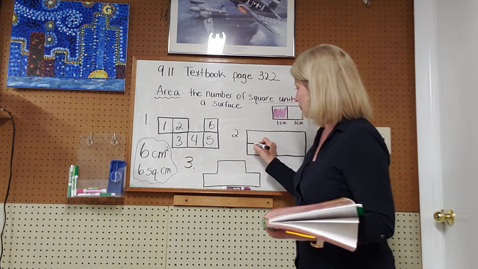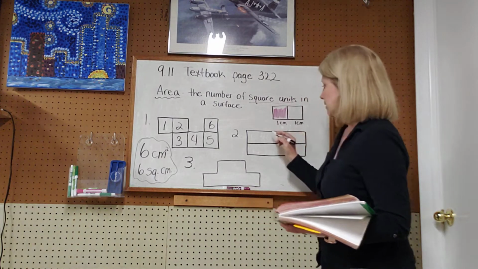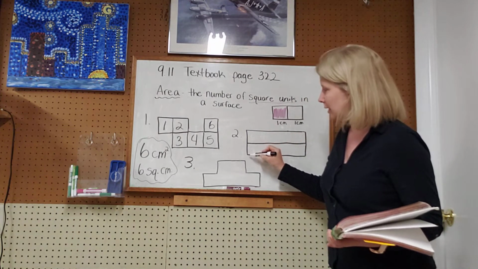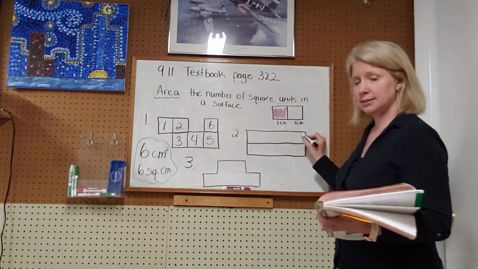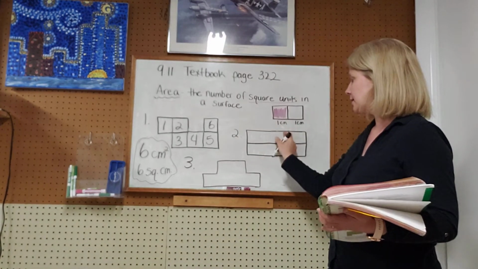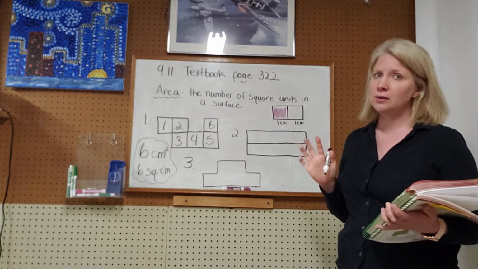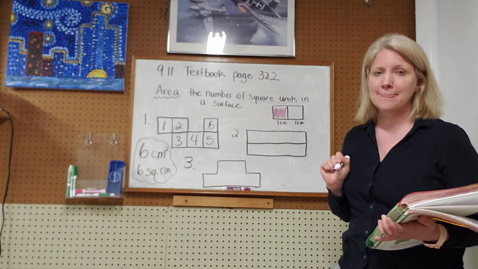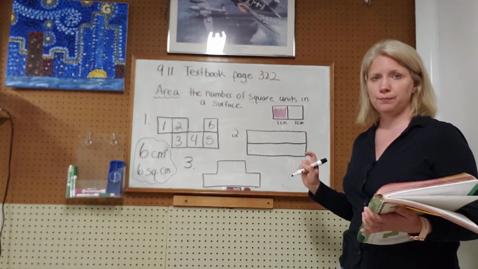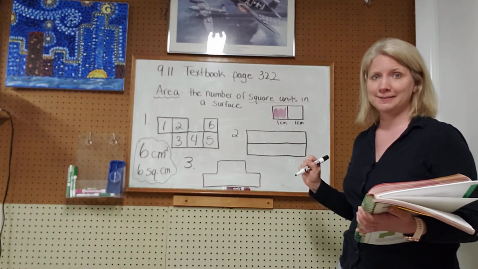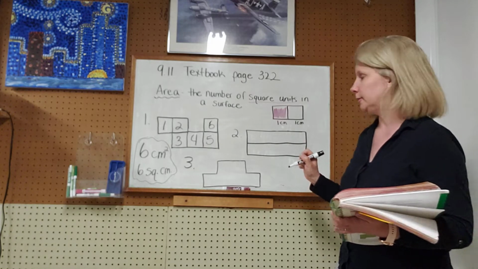So you're going to want to break this in half to get that 1 centimeter, 1 centimeter. And then you're going to measure this across into 1 centimeter units. Pause the video again if you need to do that. How many can you break it up into? Pause the video and try. You get out your ruler.